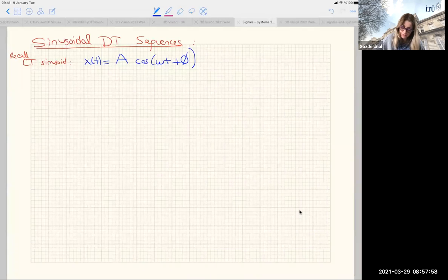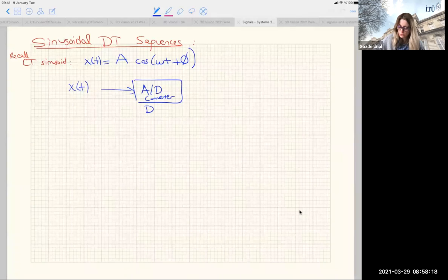Now we go to the discrete time mathematically through something called sampling. Remember x of t, there is a system here which is an analog to digital converter, or we sometimes call it a continuous to discrete converter equivalently. We haven't yet studied systems.